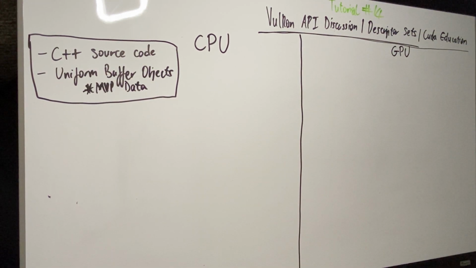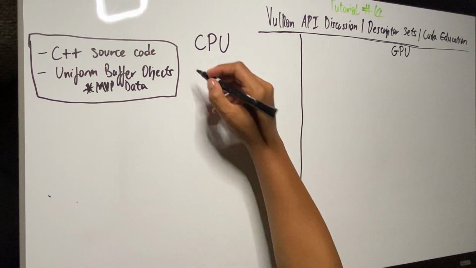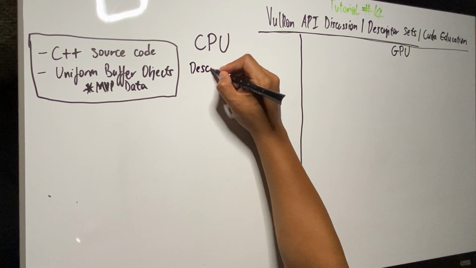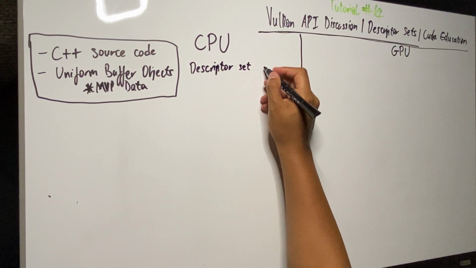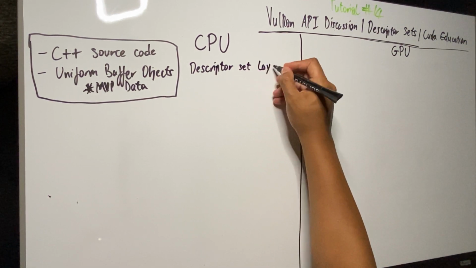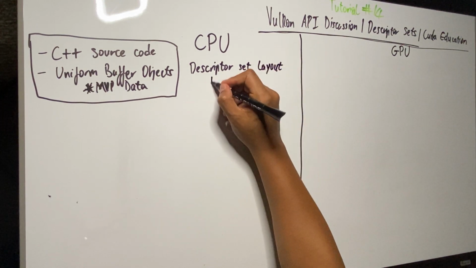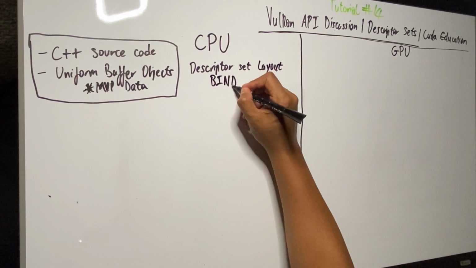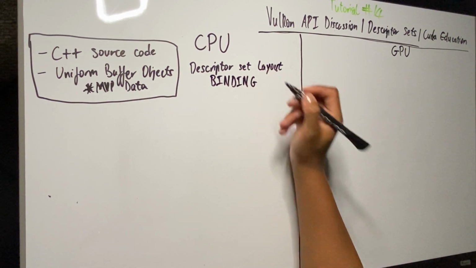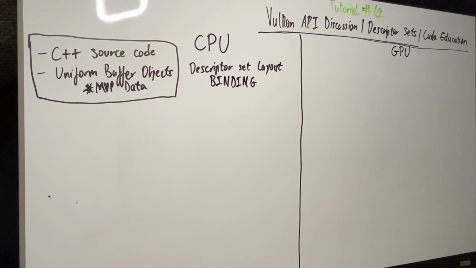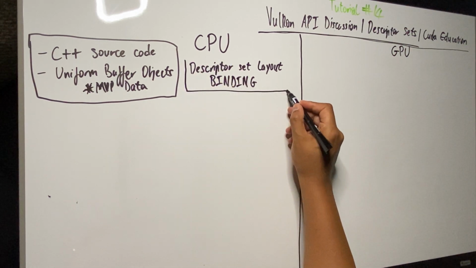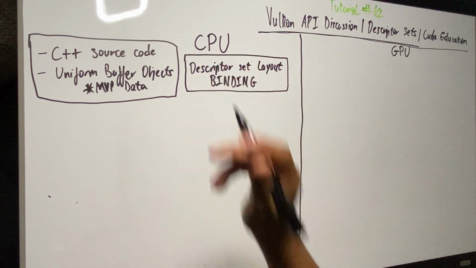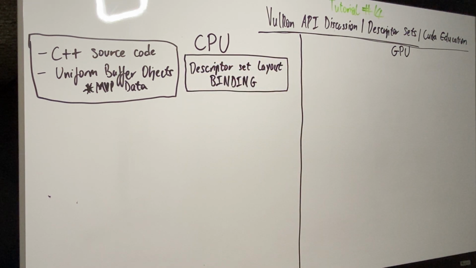So we have our descriptor set layout binding. You guys remember about the binding, right? We just finished looking at a picture about it. So we have our binding here that we define, and in tutorial number 14 we go through the actual code of this stuff.